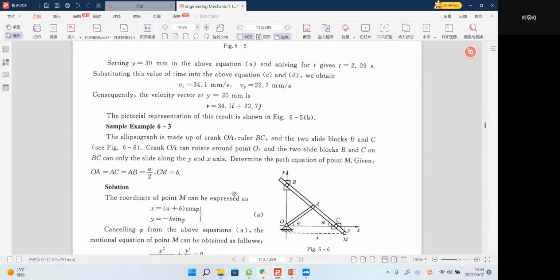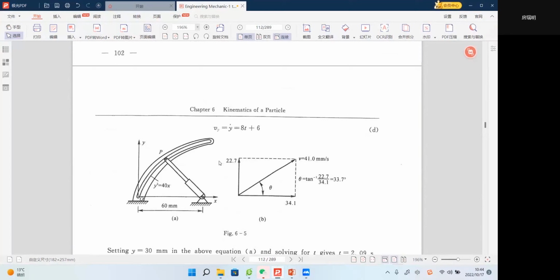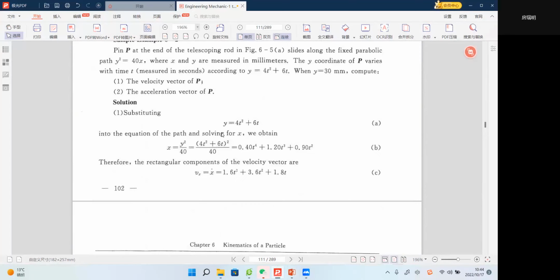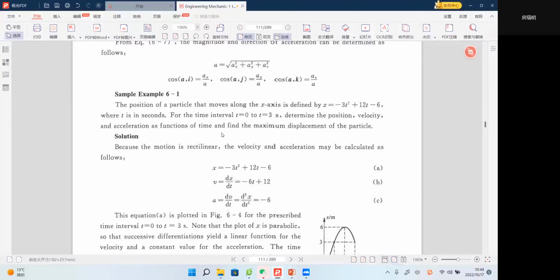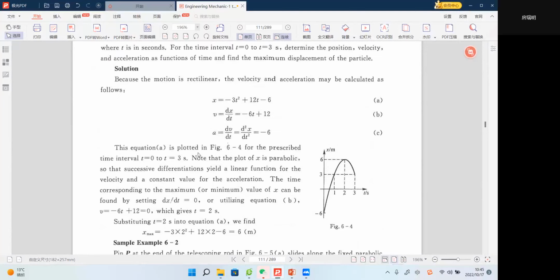Most of the time we don't cover all the things in this textbook. If you find some part very difficult, you can just skip it, because we don't need you to totally understand everything in this textbook. I only hope you have some basic knowledge of this.